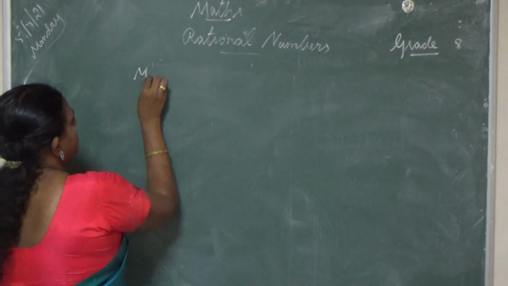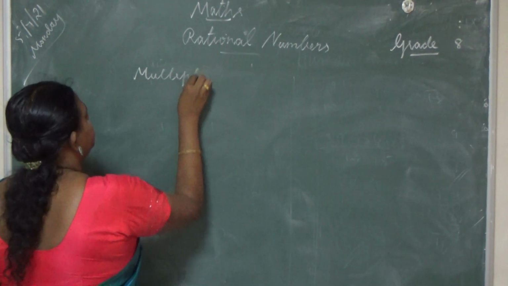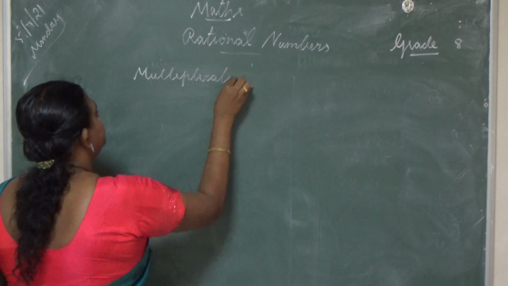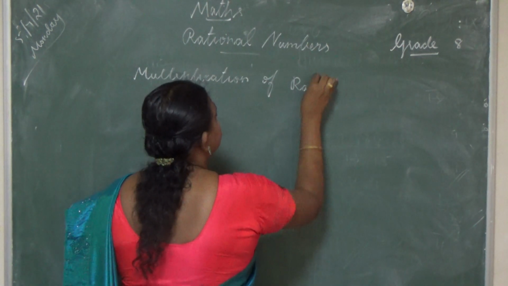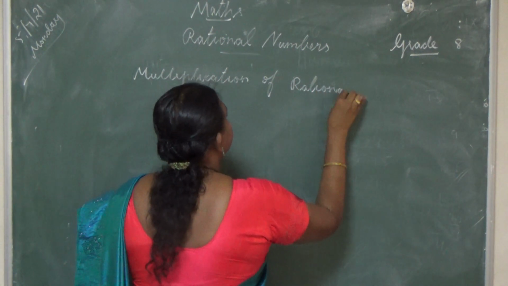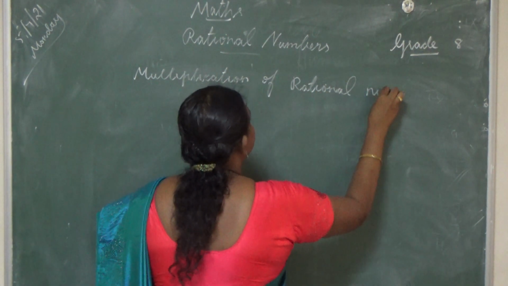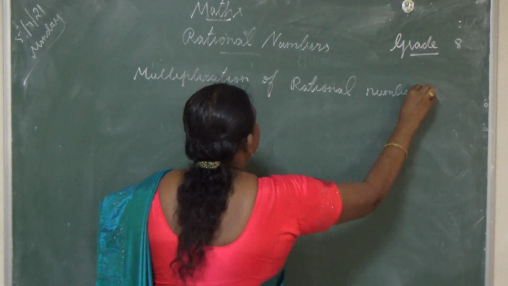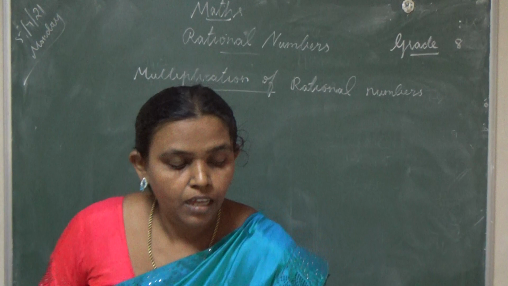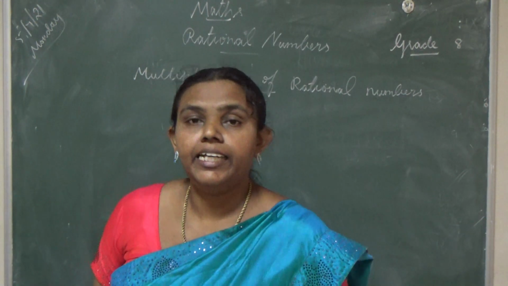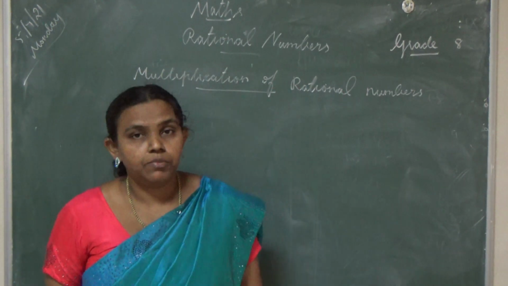So multiplication of rational numbers. First we are going to learn how to multiply the rational numbers.